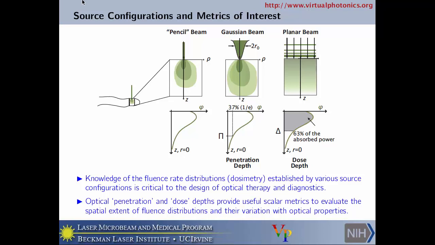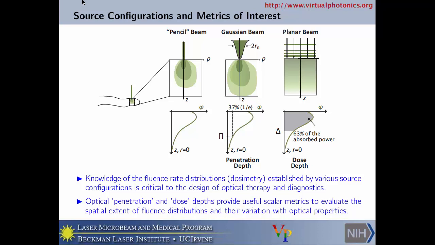So we can be interested not only in the fluence rate profile, this phi as a function of z, but it's often helpful to get a parameterization, a single scalar metric for penetration depth of light. And depending on your application, you might be interested in what is a characteristic depth at which the fluence drops off to some fraction of the incident fluence.